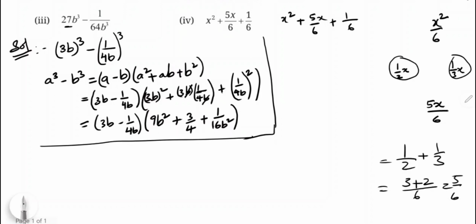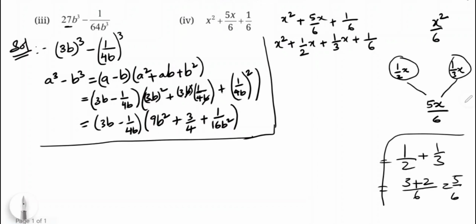So we keep x, because x into x is x square. Now in place of 5x by 6 we can put 1 by 2 x and 1 by 3 x. So let us write x square plus 1 by 2 x plus 1 by 3 x plus 1 by 6.